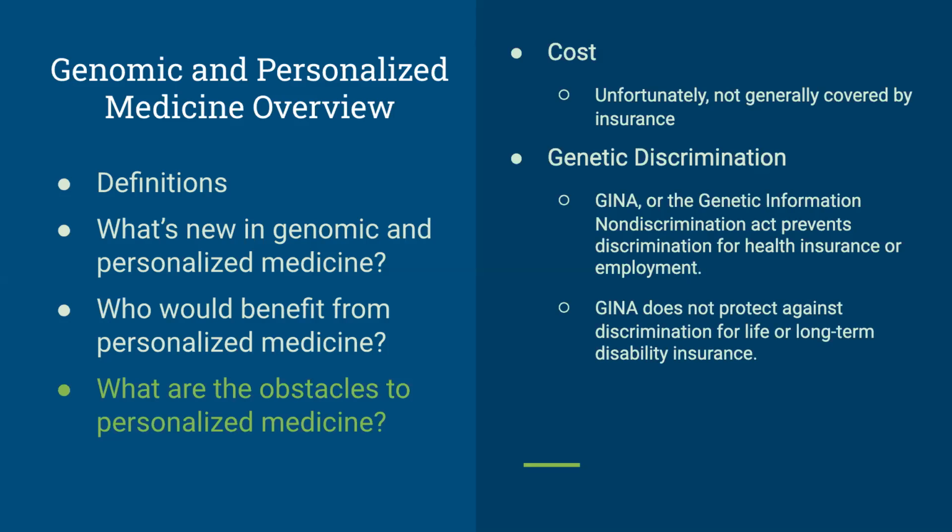But it does not protect you against discrimination for life insurance or long-term disability insurance, which most certainly could be a problem. I mean, if you're 25 years old and it says that you're high risk for, let's say, Parkinson's disease, and then they deny you disability insurance and then you get Parkinson's disease, that's a problem, right?